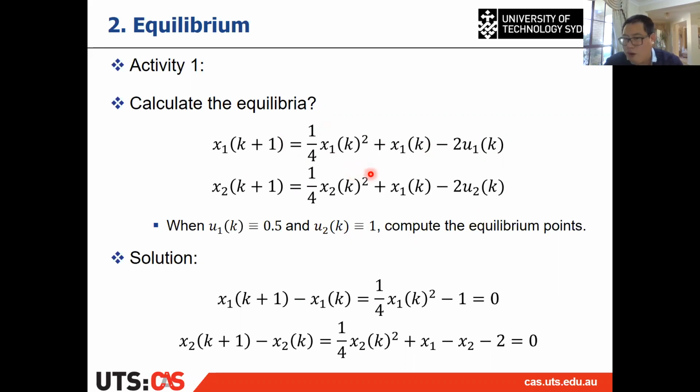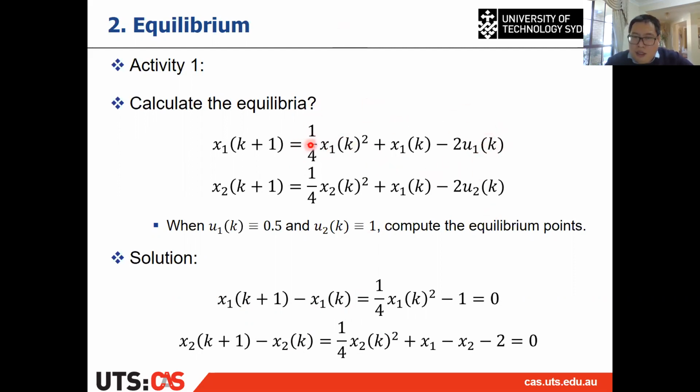It is quite simple. You just need to remember to formulate xk plus 1 minus xk. However many variables are in the state, that is how many equations you can formulate for xk plus 1 minus xk. And you know xk plus 1 in the standard formulation already.